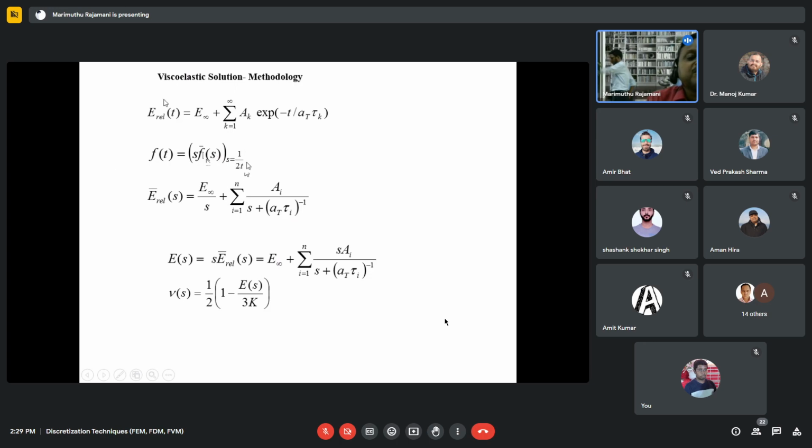That will give the viscoelastic effect, that history, the impact of what has happened previously on the next step. If this is used, it gives close results to what you would otherwise solve using a time marching scheme. So if you take the Laplace transform of this, it is nothing but this expression, E(s) equal to s into this, and substitute here, you will get the solution.